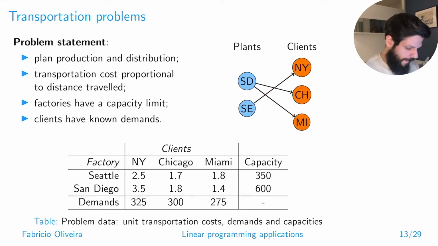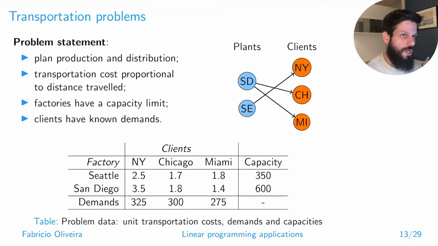So that tells me my factories, my clients, my factory capacities, my demands at each client, and this represents my unit cost from origin to a given client destination.